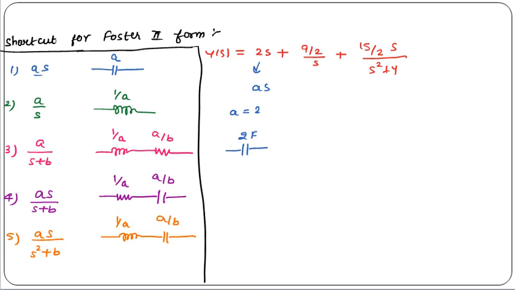Okay, now we will compare the next term. So next term we have 9 by 2 of s, so this is matching with the second term, a by s, so if we compare, a value is 9 by 2, so this implies that we will be getting an inductor and inductor value will be 1 by a, so it will be 2 by 9 Henry.